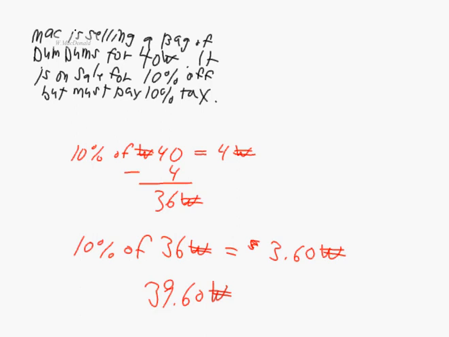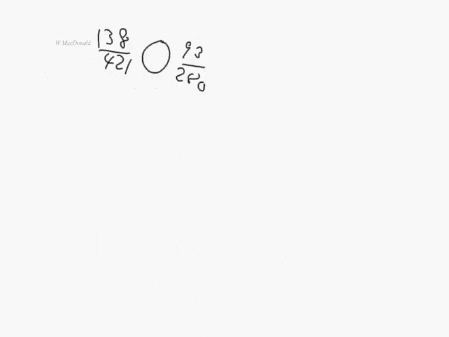Right? Be careful because that question is on your test. So the trick question is going to be, it's the same price. But we know now that the 10% tax is not calculated on 40, it's calculated on 36. So it makes the amount of tax you have to pay less. It's less than $4.